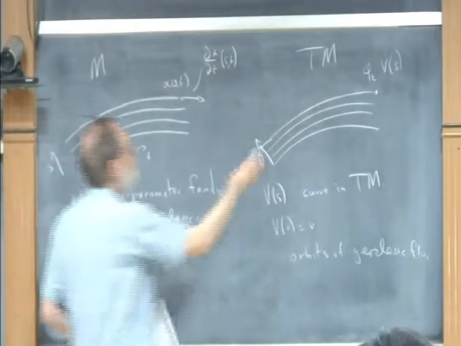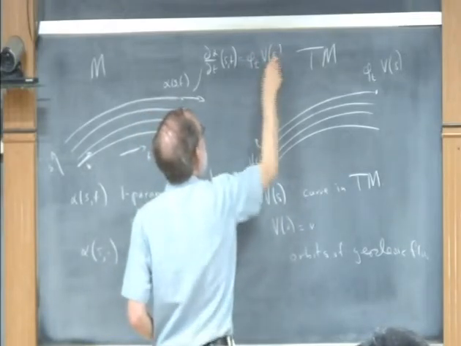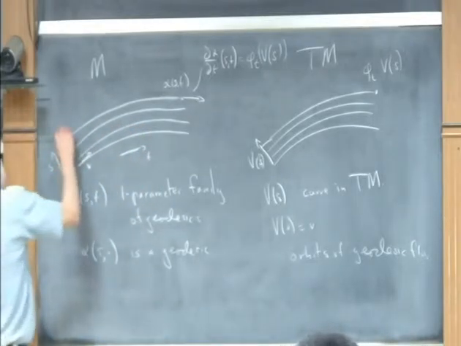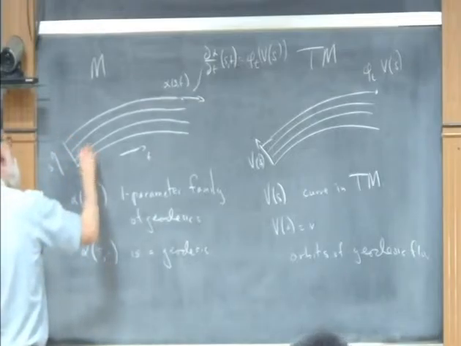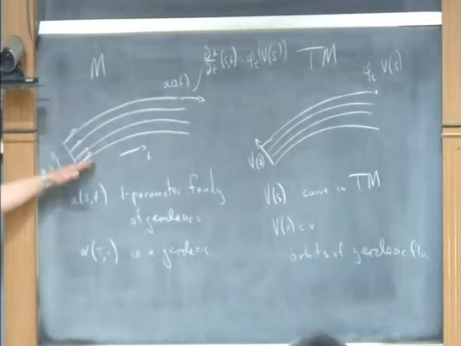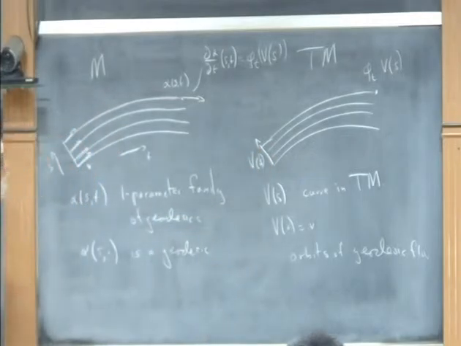And that's going to be the same vector as V sub t, the geodesic flow acting on V of S. So the curve of initial tangent vectors to our geodesics is the curve V of S. So the two pictures do match up.